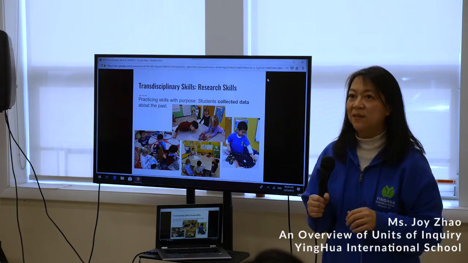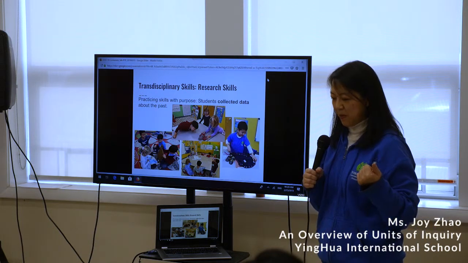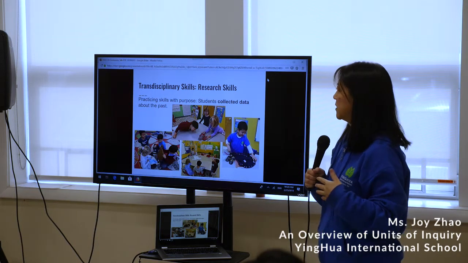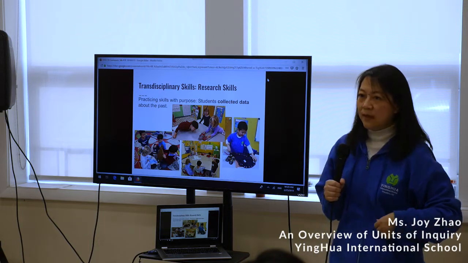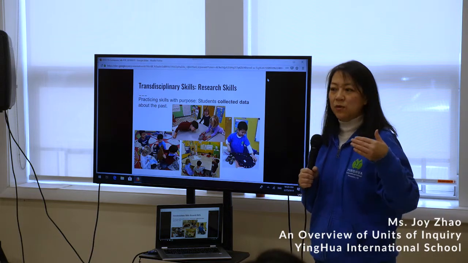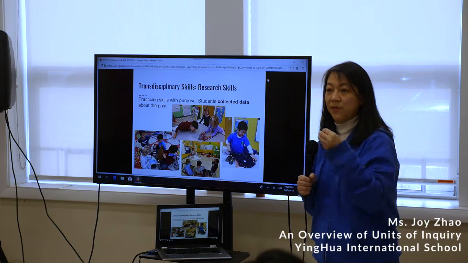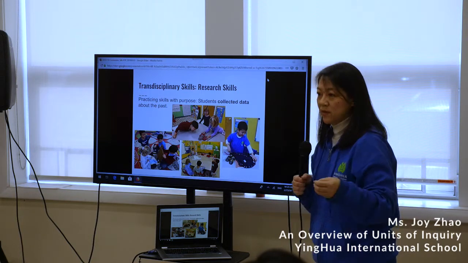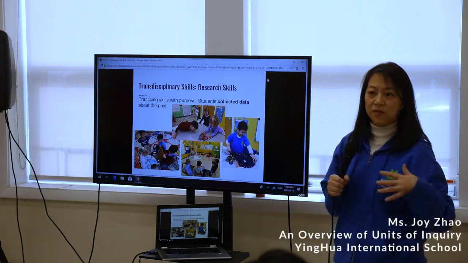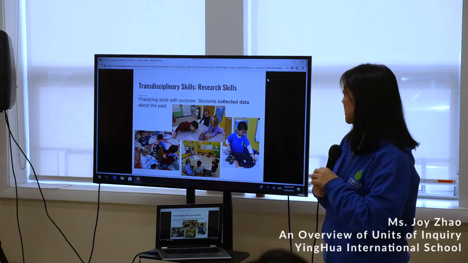So now skills. My third topic is skills. So we have conceptual learning, subject matter connection, and now skills. PYP calls these sets of skills transdisciplinary. It just simply means that you see the same skills regardless of what subject you're talking about. So they have identified groups of skills, including research skills, communication skills, self-management skills, all those skills that you see regardless of what subject you deal with.